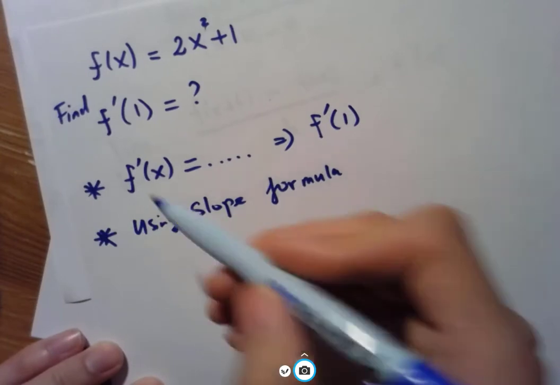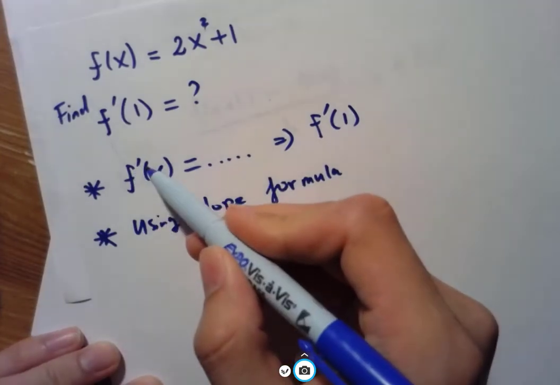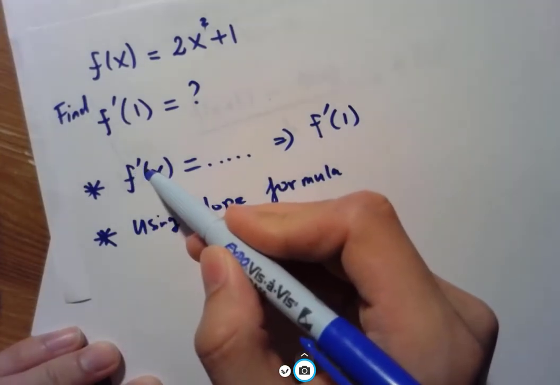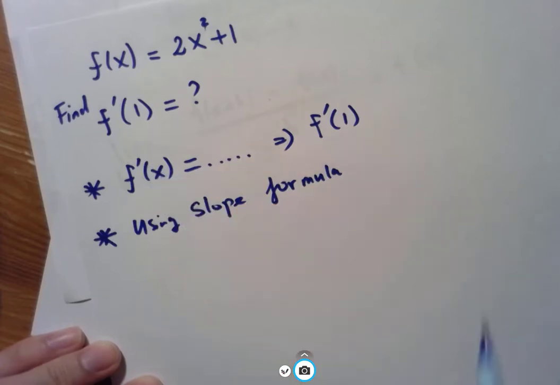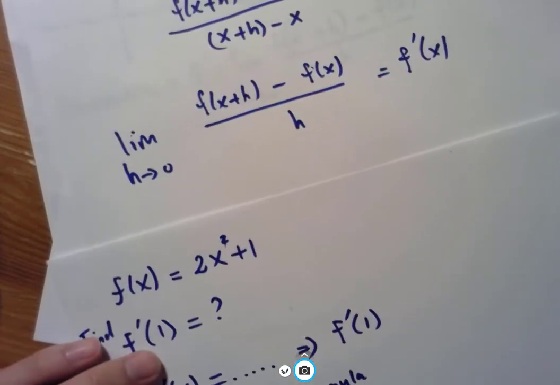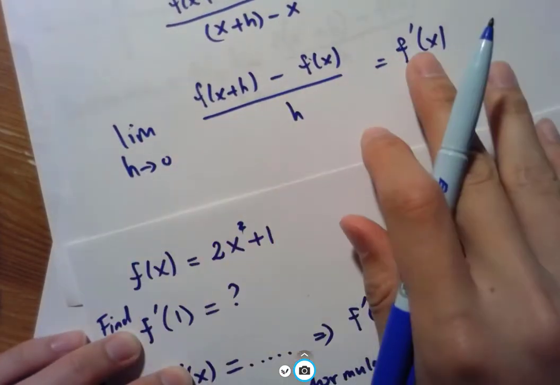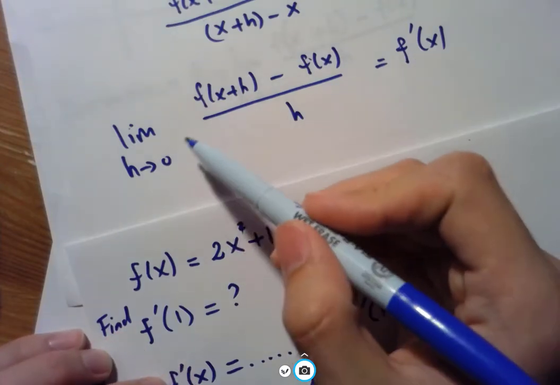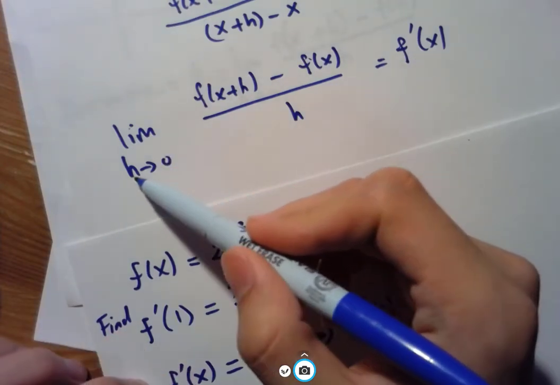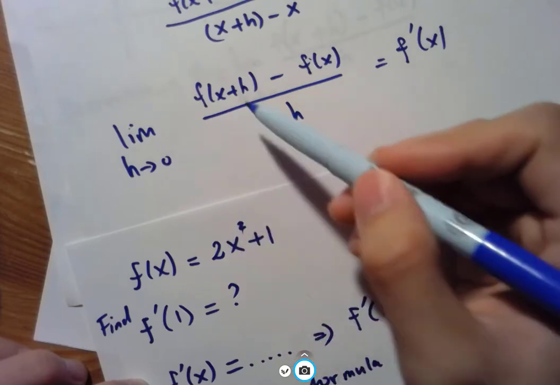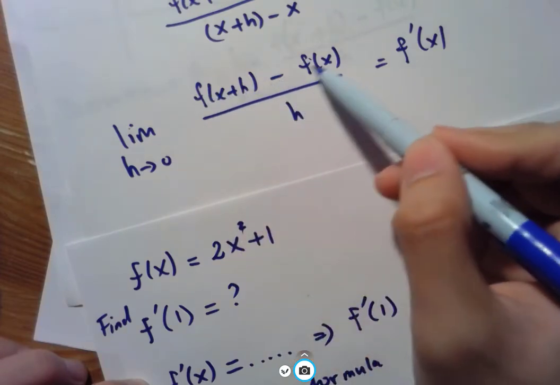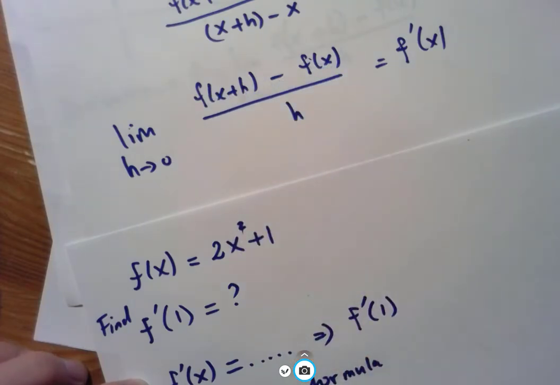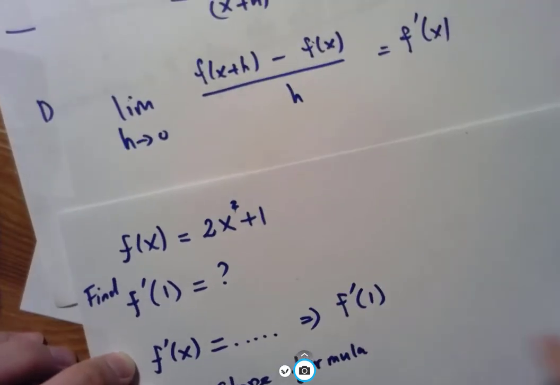Okay, so let's try the first way. So the first way, I'm finding f prime, and by finding f prime, I have to use the limit definition right here. f prime is equal to the limit of h approaching 0, f of x plus h minus f of x over h. Now we can apply that here.